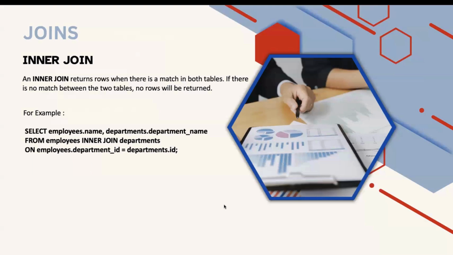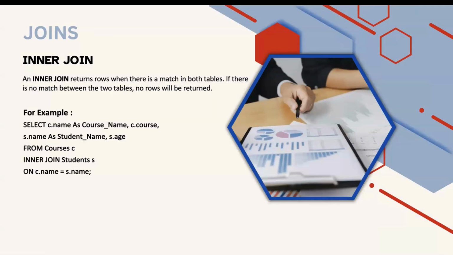For joins, there are mainly two conditions for a match. The first is that there should be a common field between both the tables. An inner join mainly returns the rows when there is a match in both the tables. For matching the rows, we need some common field in both tables.